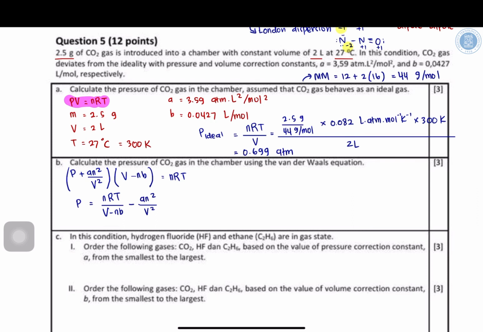Now if it is a real gas, then there is an interaction between the gas molecules, so that molecule A, for example, interacts with molecule B. So now the overall collision between the gas molecules in the container becomes less. So we expect to have a smaller value of pressure. So in this case here, we can calculate it.